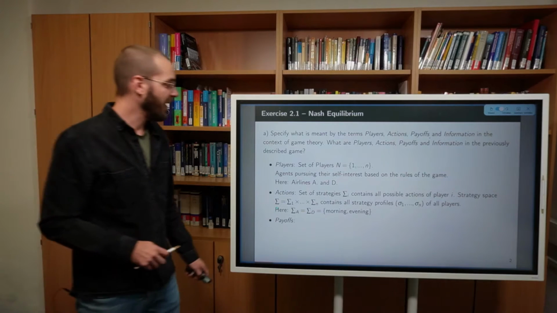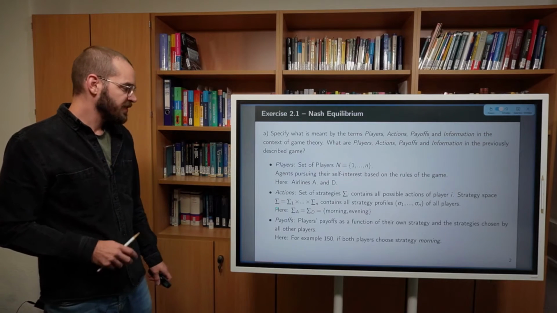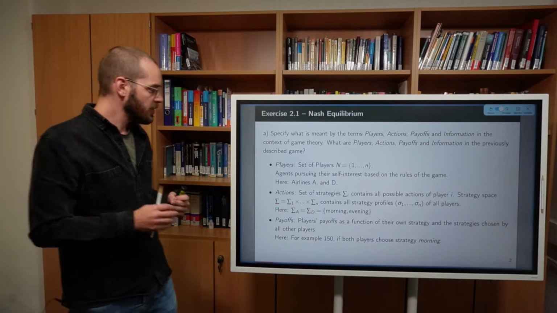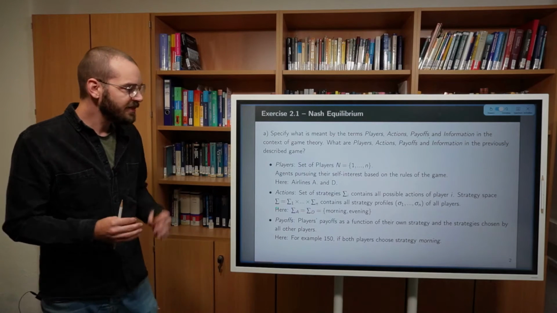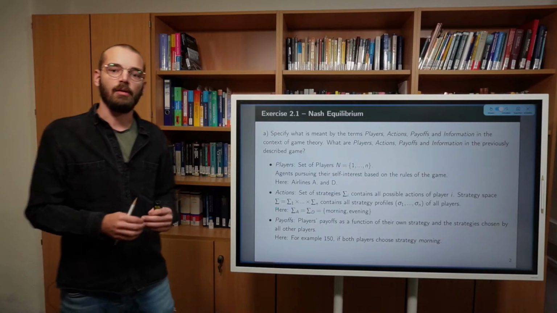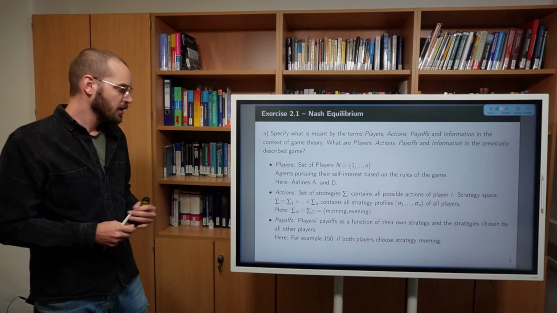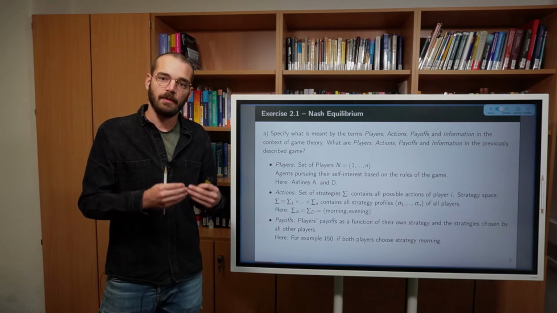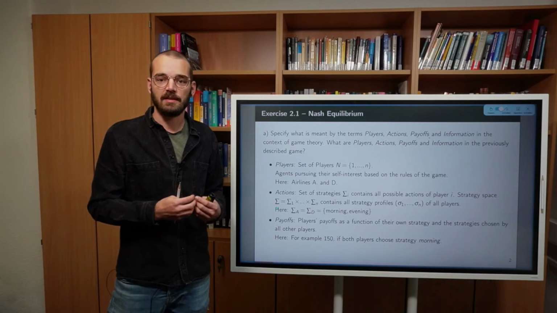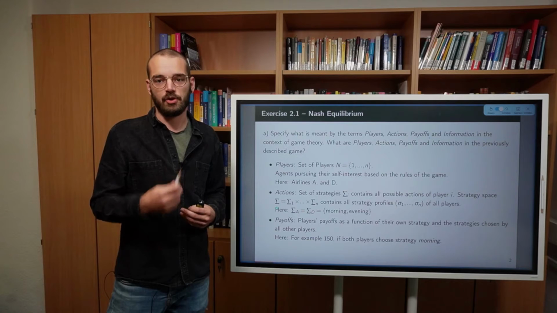Next is payoffs. Payoffs are understood as a function of the player's own strategy and the strategy chosen by all other players. All right? So the result of the game is based on the strategies each individual player chooses.